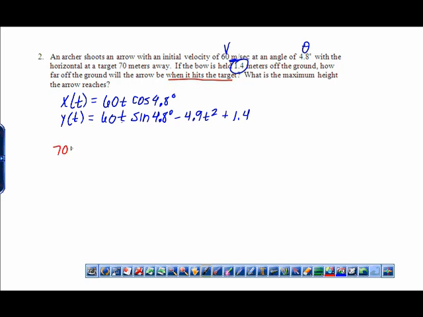So when the arrow hits its target, the horizontal component will be equal to 70, and let's figure out what this time should be. In essence, I'm just solving the equation for t here. So this is going to be 70 divided by 60 cosine 4.8. Now this is not answering the question, it's just giving me that time. Then I can figure out what the vertical distance is. How far off the ground will that be when that happens?